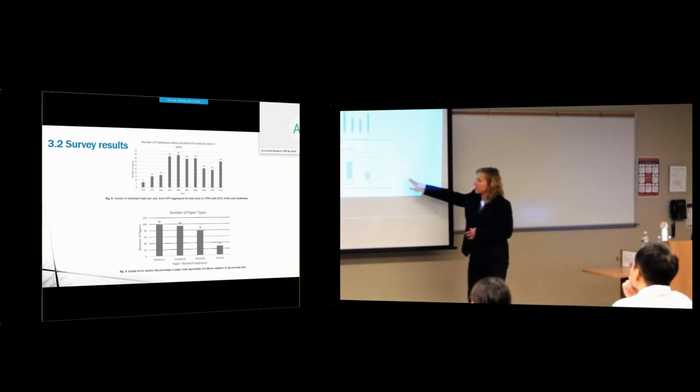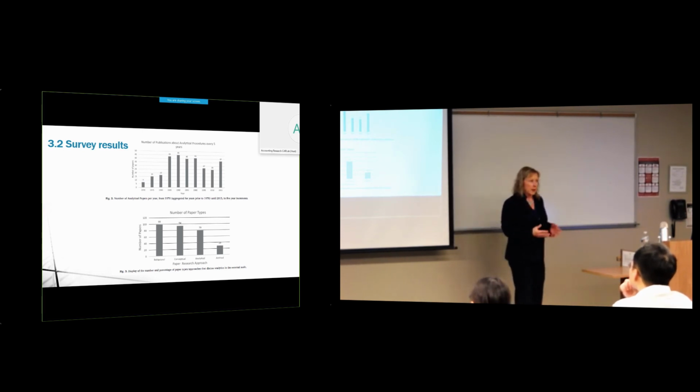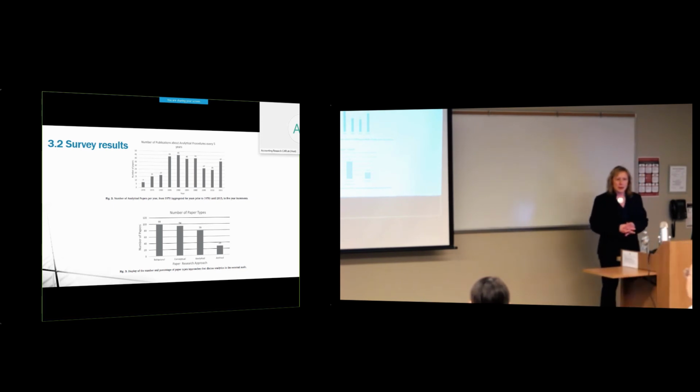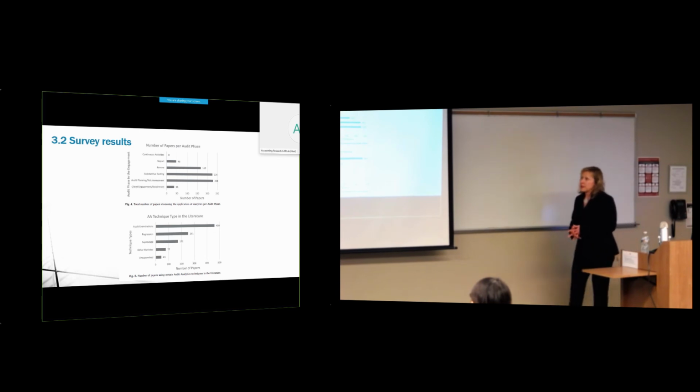So then we also looked at the number of paper types, whether they're behavioral papers, conceptual, analytical, or archival. Most of them obviously were behavioral, because most of the research in auditing tends to be behavioral. Not all of it, but a lot of it is. So we're not surprised by that finding. We also looked at the number of papers per phase.